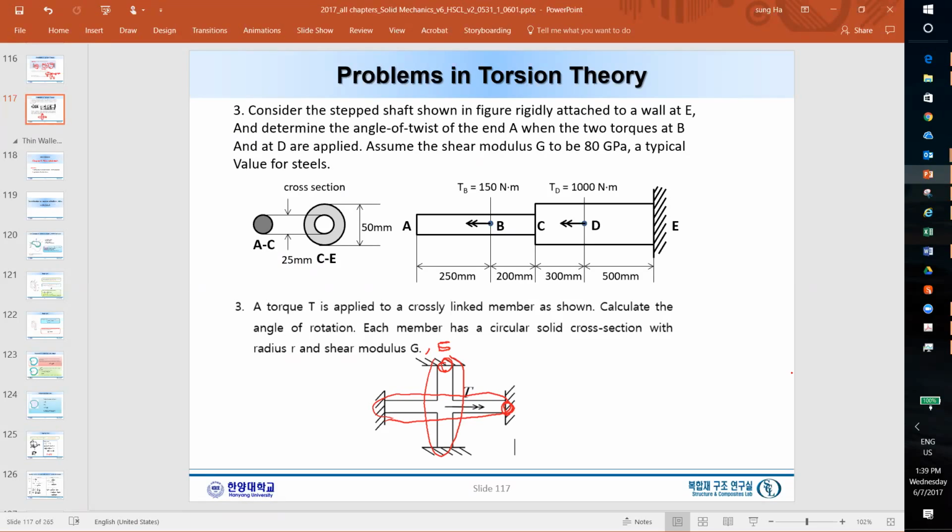If we look at it this way, say this one is the X and Y, and then the Z-axis, the vertical direction, Z and Y, then what will happen? This one will bend like that.